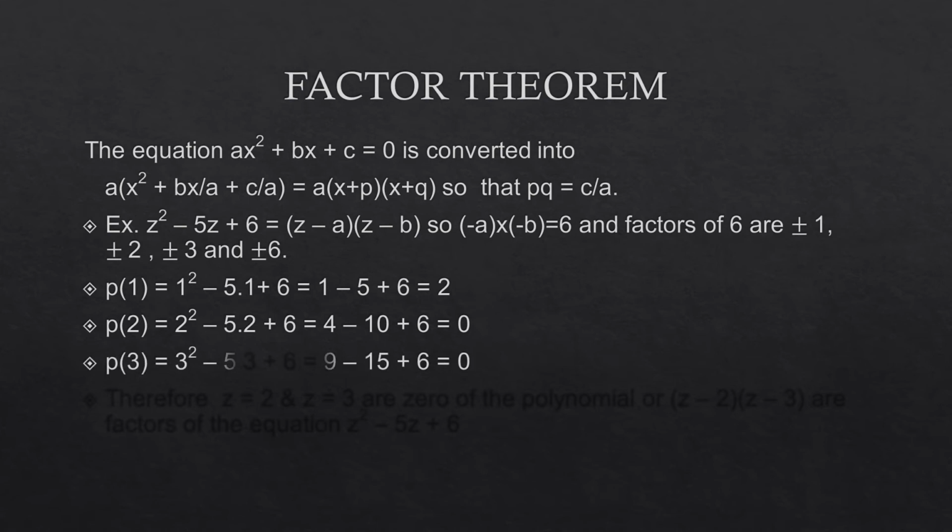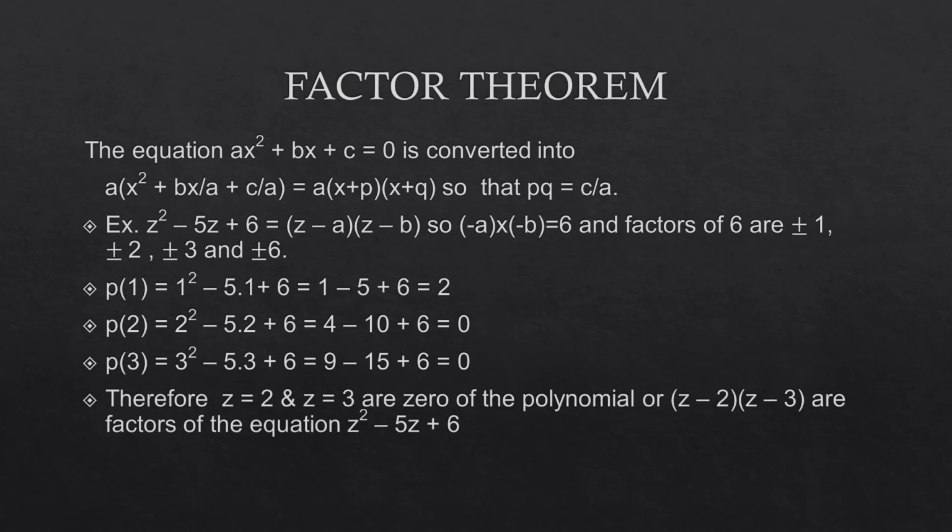And if we put z is equal to 3, we get 3 squared minus 5 into 3 plus 6, which is equal to 9 minus 15 plus 6, equal to 0. Therefore we get two zeros, and the zeros are z is equal to 2 and z is equal to 3. These are the zeros of the polynomial, or z minus 2 and z minus 3 are the factors of the equation z squared minus 5z plus 6.